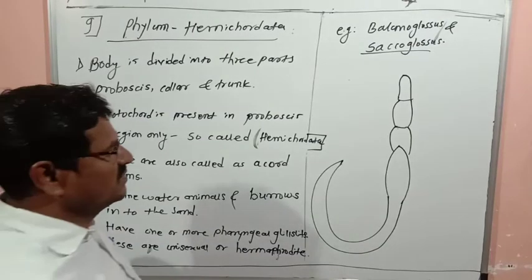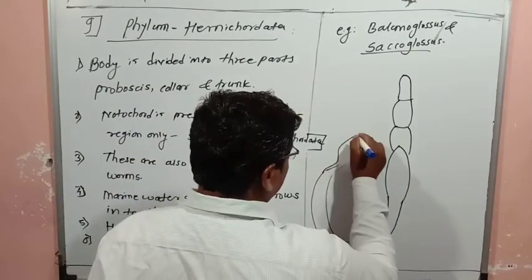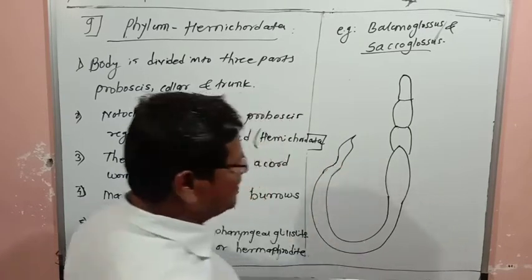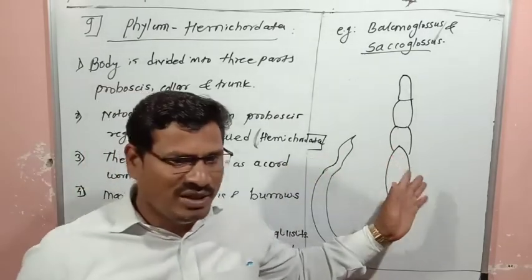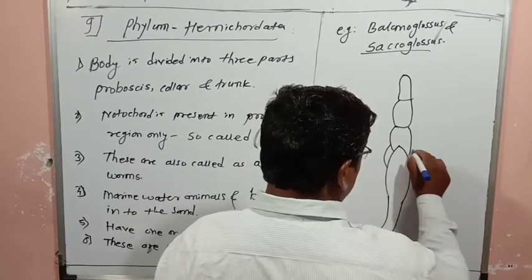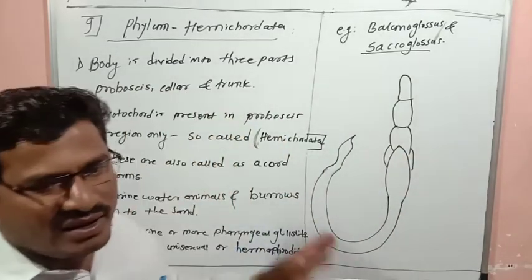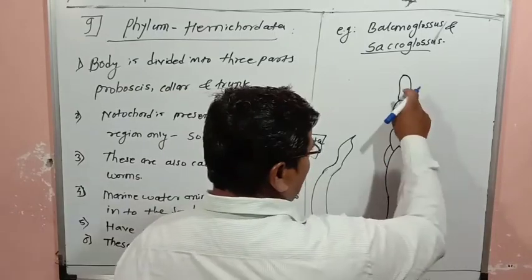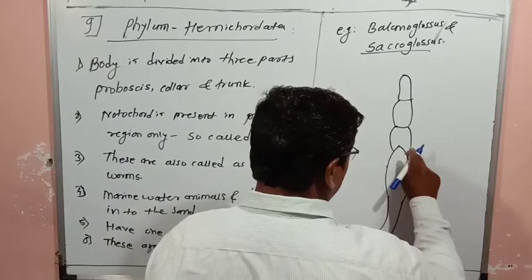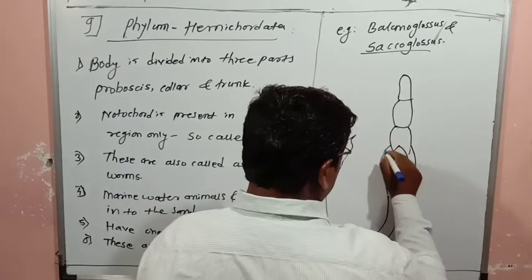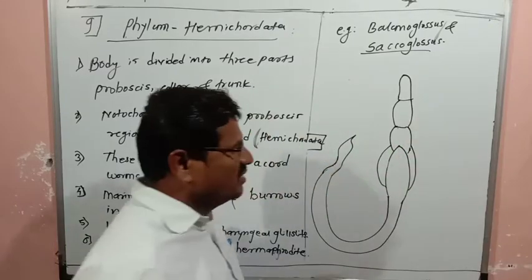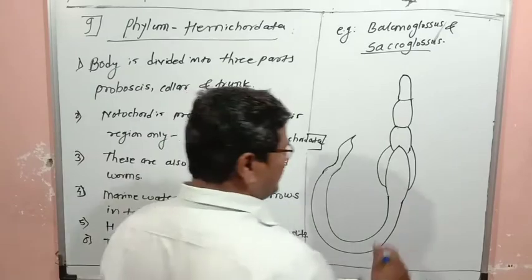So you can draw it a little bit crooked, like this. Here we are going to write the names of these parts. So 1, 2, 3 parts are there, and the fourth one will be taken a little bit downside. So we'll see how it is forming.